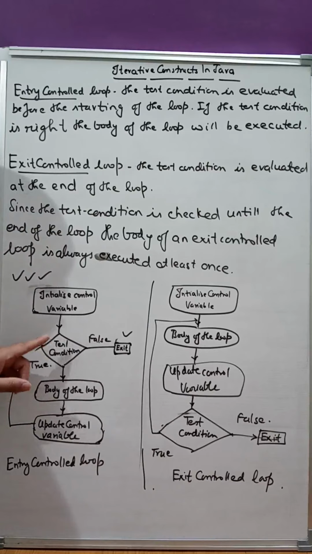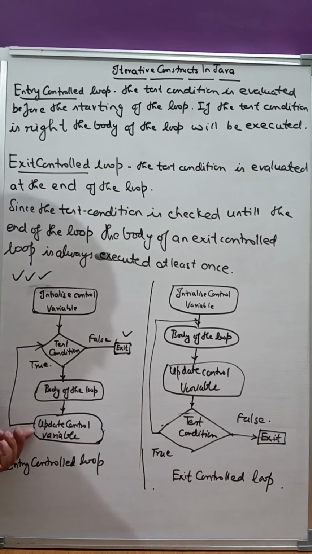And suppose the condition is true. In that case, what will happen? The body of the loop will be executed and the control variable will be updated. That means we are updating the value of the control variable. And again the control will be passed to the test condition, where the condition will be checked again. If the condition is still true, again the body of the loop will be executed and the control variable updated.